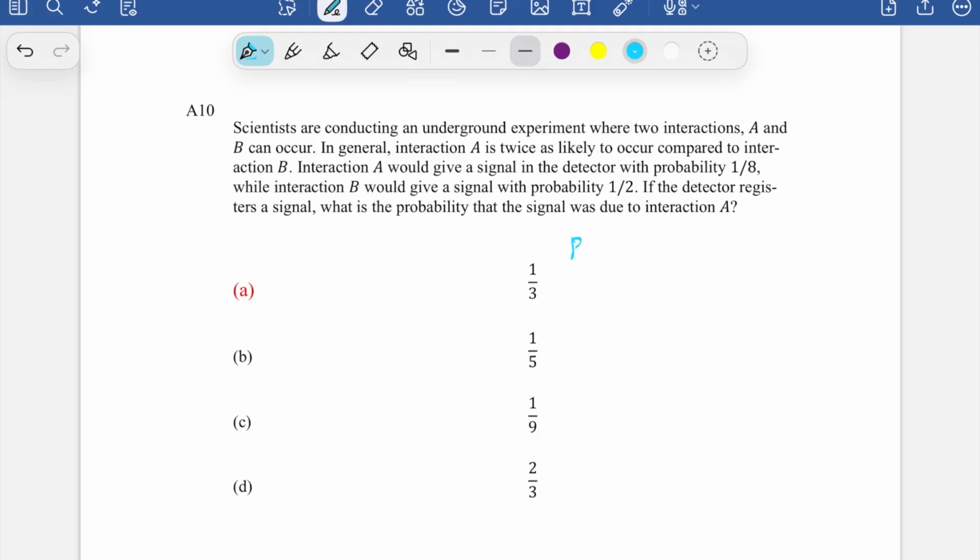Let's say PA is the probability for interaction A to occur. Similarly, PB, probability for interaction B to occur.